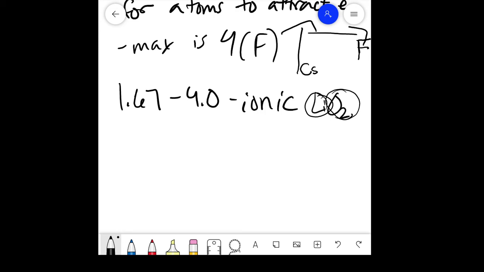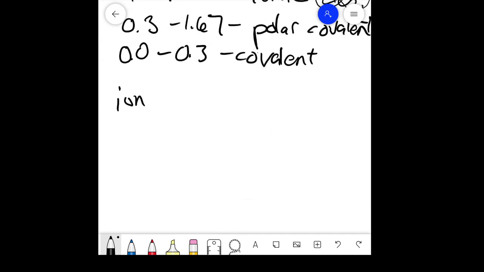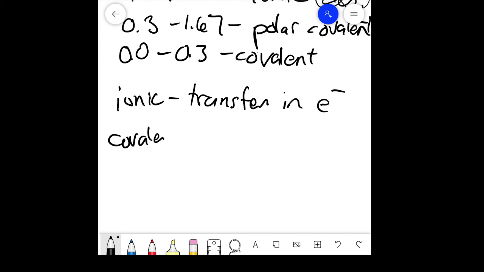Say it's between 0.3 and 1.67, that would be a polar covalent bond, and then 0.0 to 0.3 would be a normal covalent. So remember, the difference between ionic and covalent is ionic is a transfer of electrons, and covalent is when they share electrons.